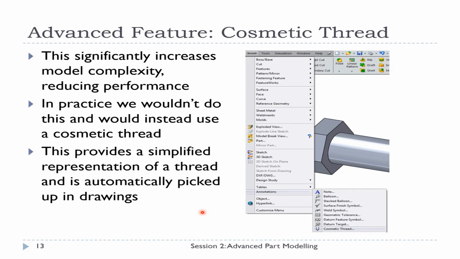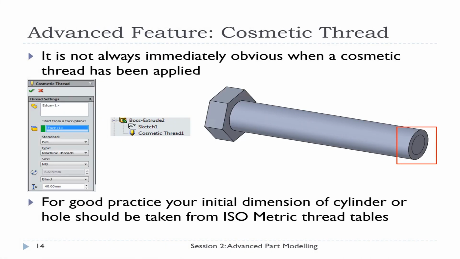So it basically provides a simple representation of a machine thread in 2D form, and when you also create a drawing from your model, SolidWorks automatically picks a cosmetic thread up and shows it in a very simple way on a 2D view. So let's see how we can use cosmetic thread.